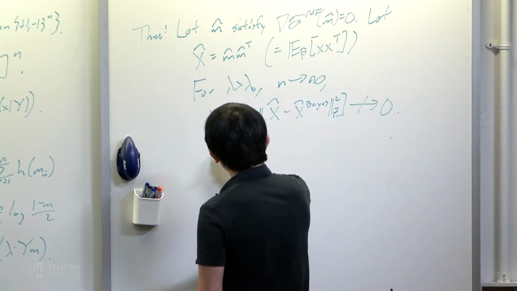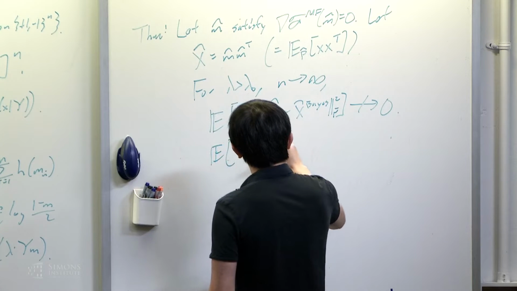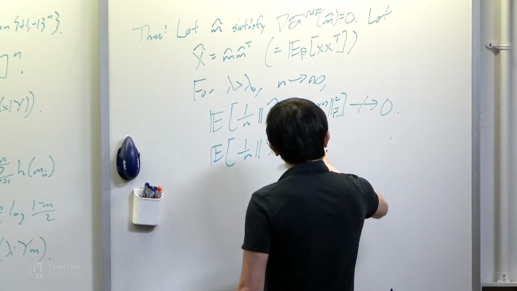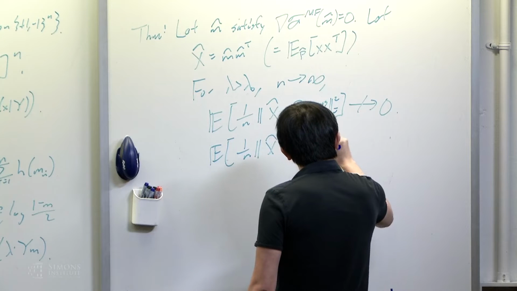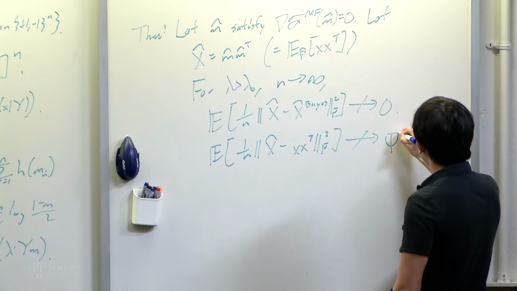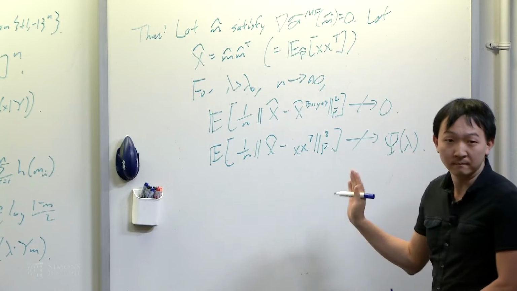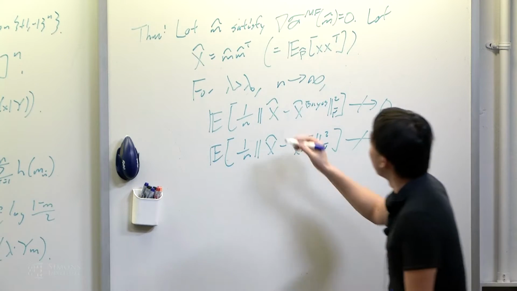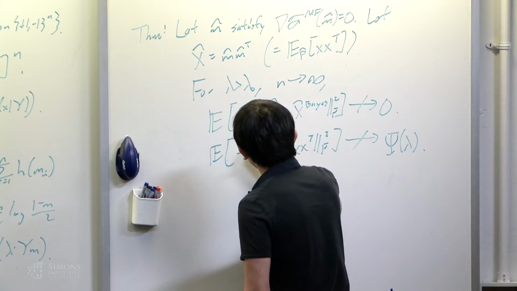And as a consequence, if I were to look at the Bayes risk of this estimator, x hat minus the truth, xx transpose for Frobenius norm squared, this also does not go to the optimal Bayes risk, which I called psi of lambda. Is that 1 on n or 1 on n squared? No, sorry, 1 on n squared. Both of these are 1 on n squared.